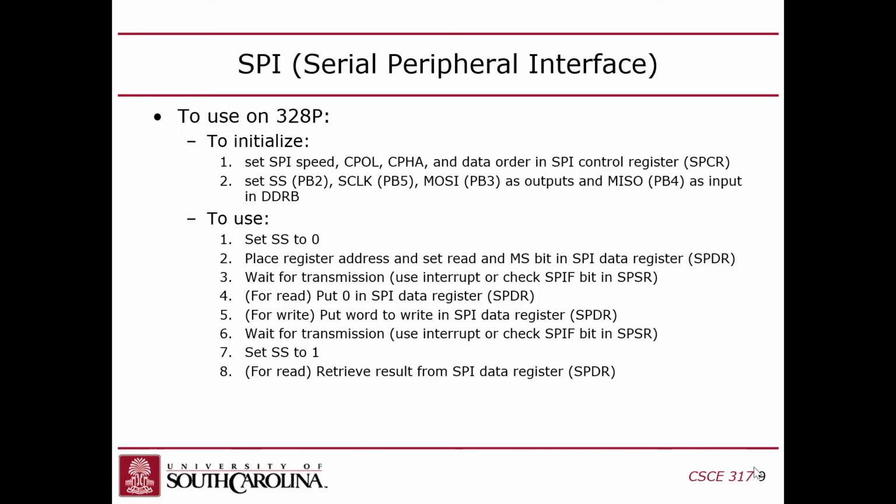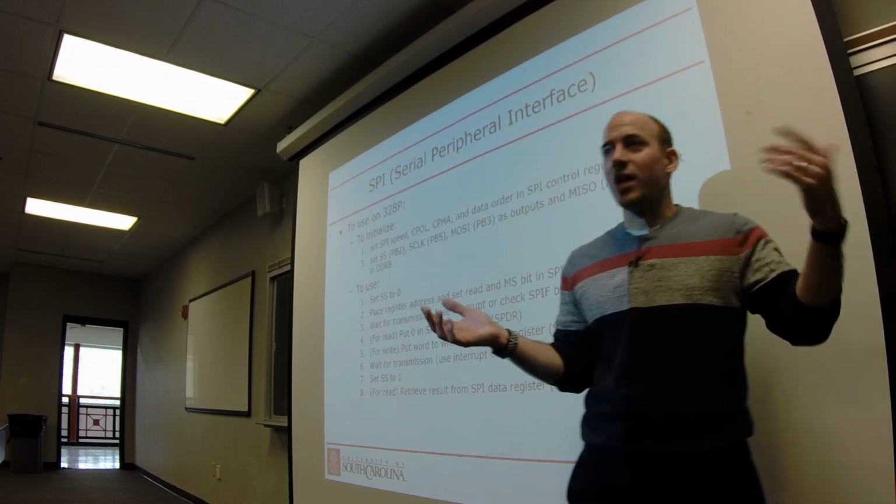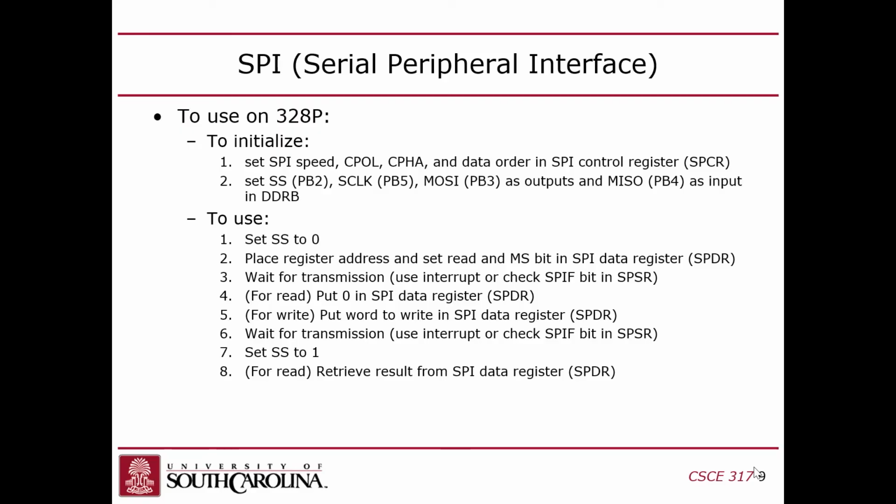In other words, I wouldn't worry about interrupts for SPI. Well, you're the master, so anytime you do an SPI transfer, it has to be initiated by the master. So it's not like you're going to get an SPI message without you knowing about it, right? SPI messages don't come in at any time because you're the master. That's not how it works. So anyway, you could poll for that. So that's how you wait for the transmission.